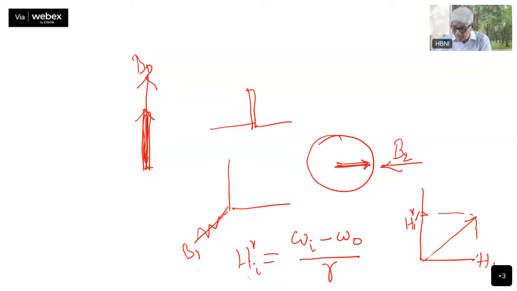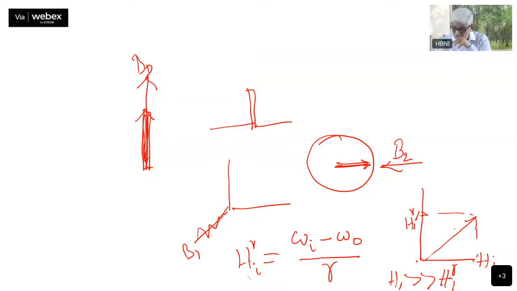If H1 is far, far larger than the offset field for all values of I, then the effective field will be along this H1, right? So the only field which is available is along the H1 direction, and that is called locking. So you have the effective field along the transverse plane. Therefore, what will happen to the spins?